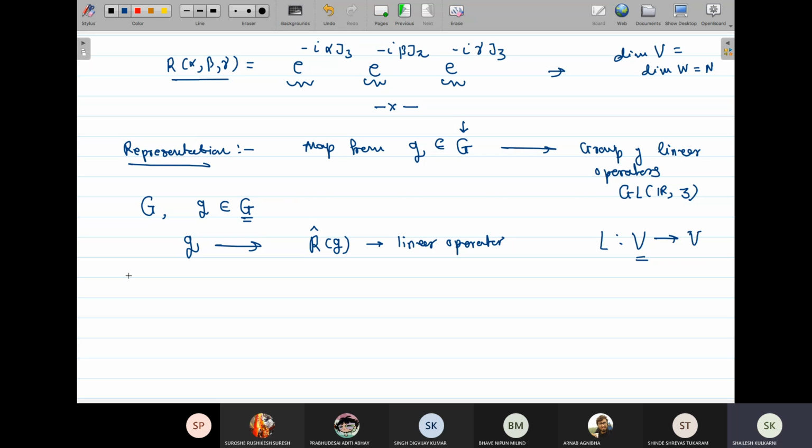So now what is our job? Our job is to construct representations for rotation. Let me tell you the thing which you know. Consider the l equal to 1 state, maybe in the hydrogen atom.